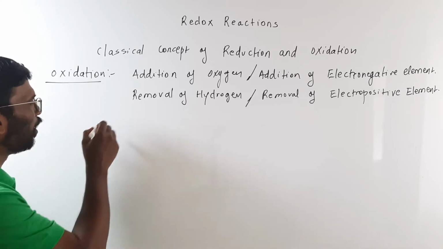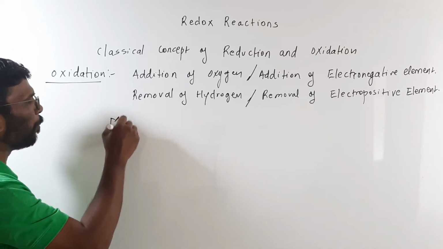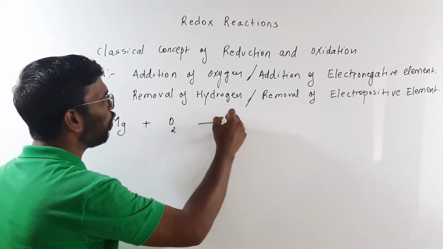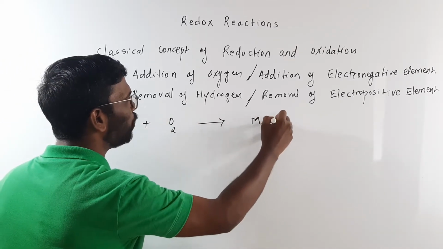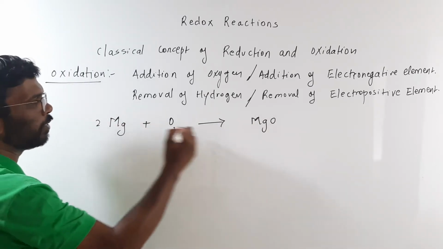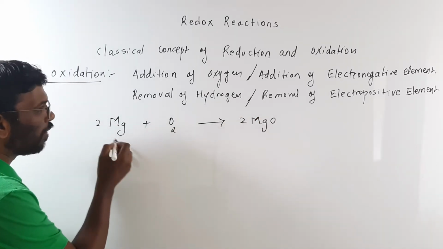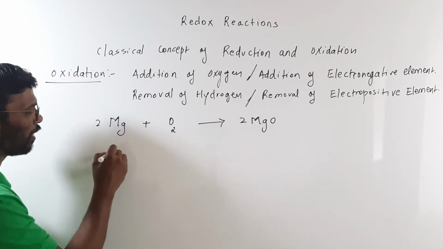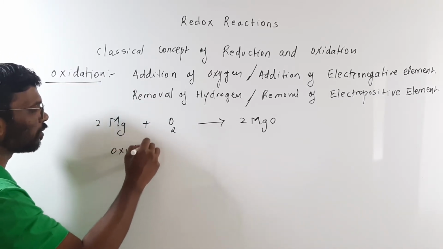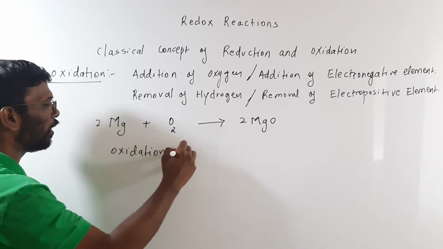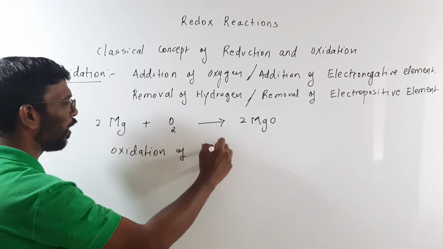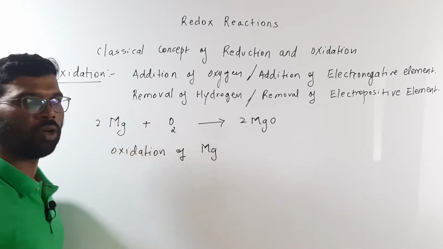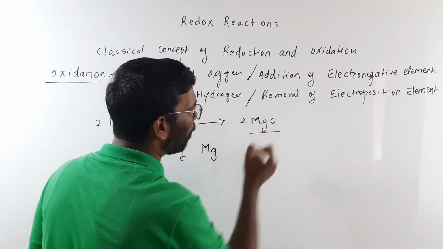For example, if there is a group 2 element, magnesium, reacting with oxygen, the compound you are going to get is MgO. I'll balance this. What has happened? This reaction represents the oxidation of Mg. Why? According to this concept, magnesium is added to oxygen and you get magnesium oxide.